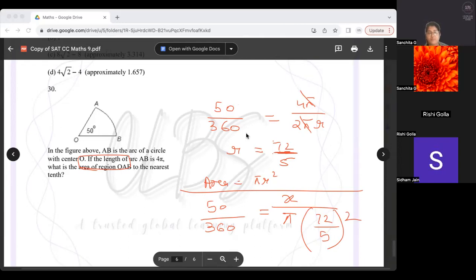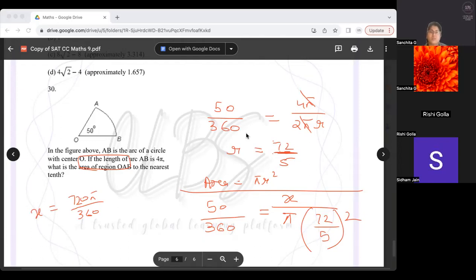So you'll get 720 pi by 360. We can simplify it, so it'll be 2 pi. Are you sure?